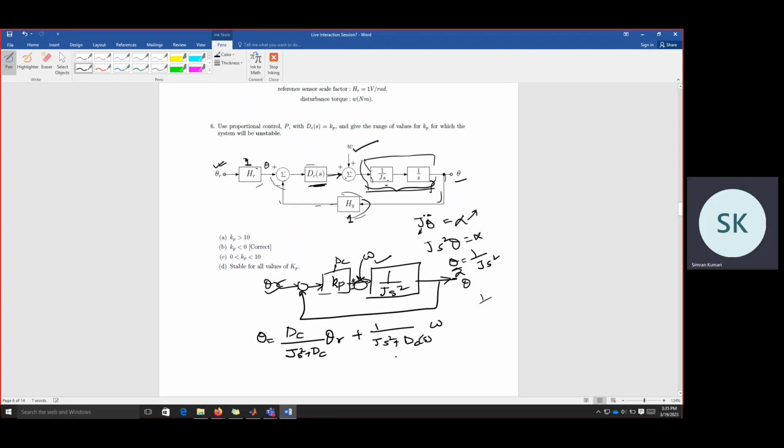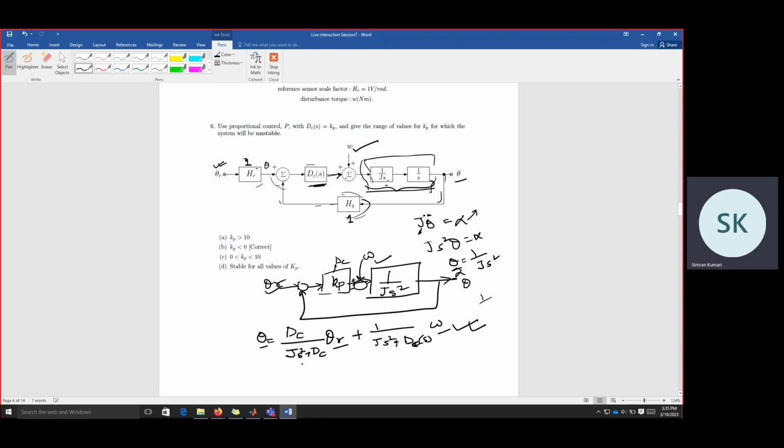Okay. So the loop transfer function is the same. Characteristic polynomial. So we have this transfer function, and given this theta r and w, we can find what the theta is.